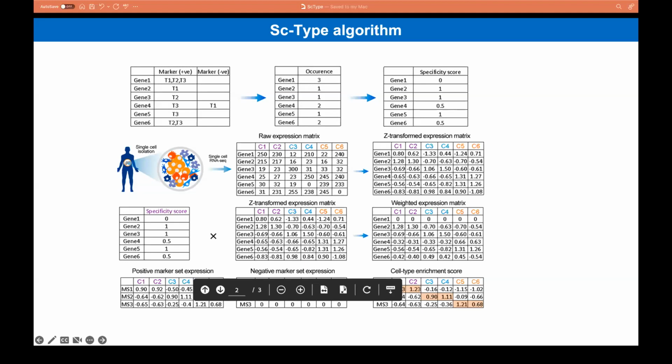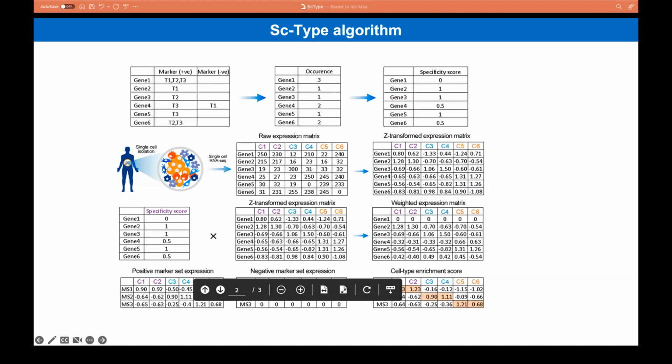Gene 3 is for tissue type 2, gene 4 is for tissue type 3, gene 5 is also for tissue type 3, and gene 6 is a marker for two tissues, T2 and T3. So based upon that, we calculate an occurrence in our database.